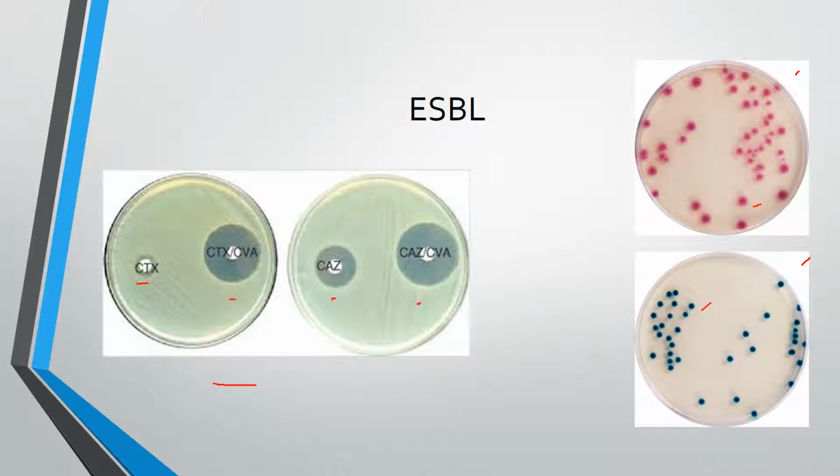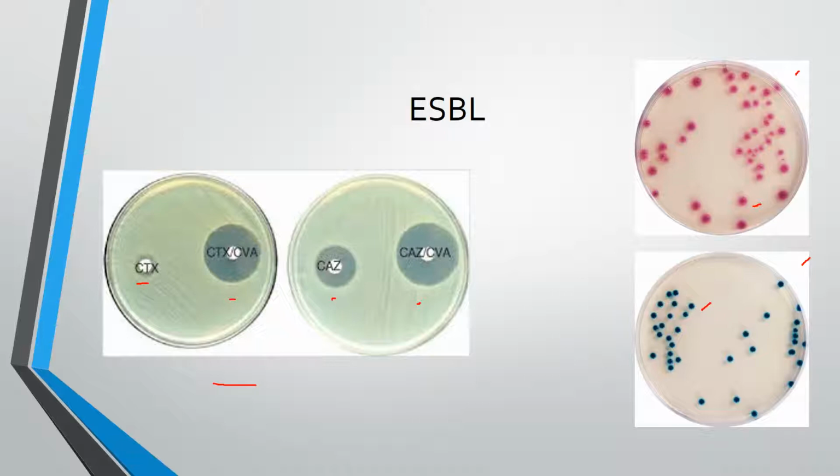Just to show you for the ESBLs, this is the same plate, but what happens with the chromogenic agar is that the organisms will grow up different colors. So you know that if it grows on this, it does have an ESBL, but what chromogenic agar adds is a way to identify it as well. So the growth of the pink one is E. coli, and the blue one here is Kleb pneumo.